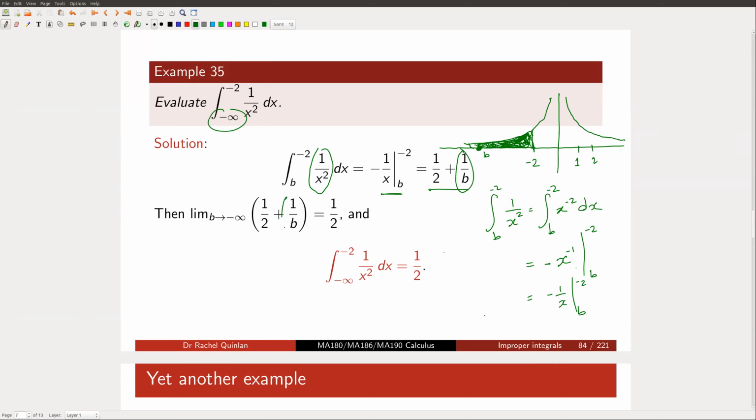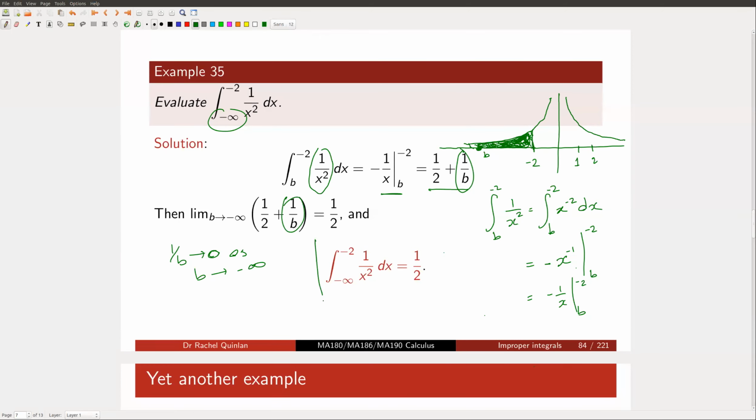The 1 over b goes to 0 as b goes to minus infinity, or indeed to plus infinity. It's just 1 over a very huge number. And what we find is that the limit of that expression, 1/2 plus 1 over b, is 1/2. The 1 over b part is a tiny bit that's been subtracted off 1/2 for any finite version of this. But when we take the limit as b goes to minus infinity, this 1 over b part goes to 0, and we just get 1/2.